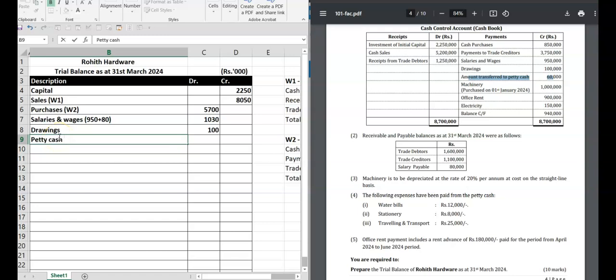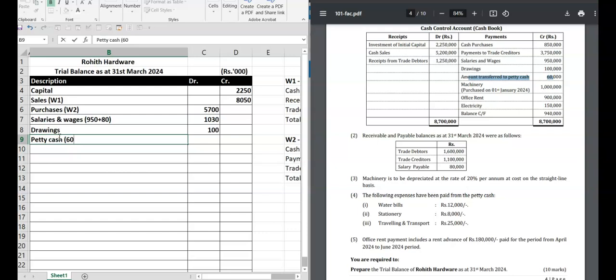With regards to petty cash, you need to know that 60,000 is transferred to the petty cash, so it will be credited. But actually you need to understand in this trial balance how much is the petty cash balance. In the trial balance you are not making any entries here.